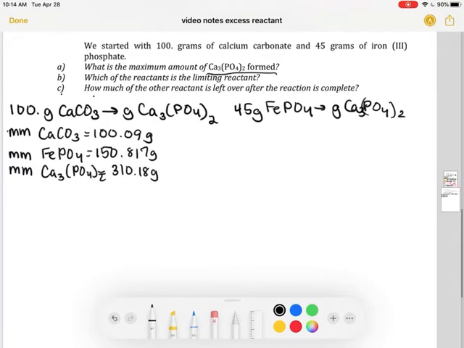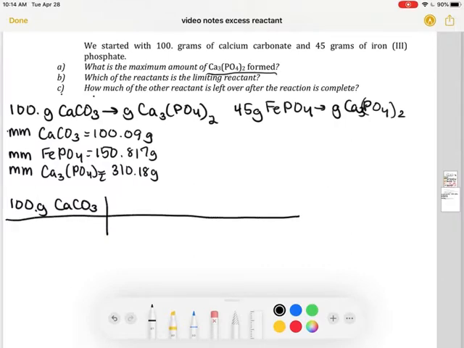So starting with 100 grams of CaCO3, we're going to go to grams of calcium phosphate. So we have to get rid of grams. The molar mass of that is pretty close to actually the amount we have, 100.09 grams of calcium carbonate, or 1 mole of calcium carbonate.